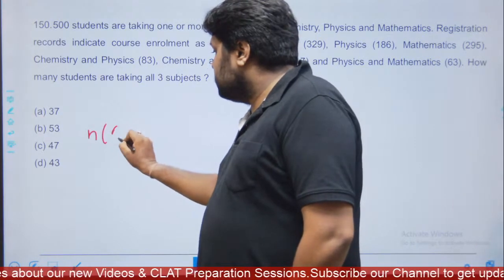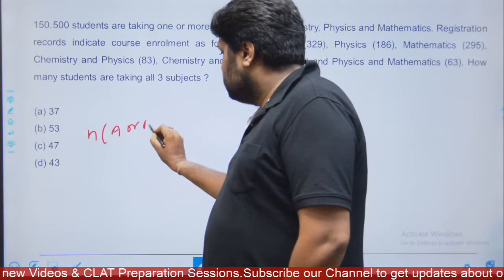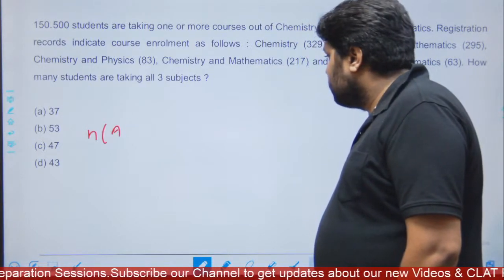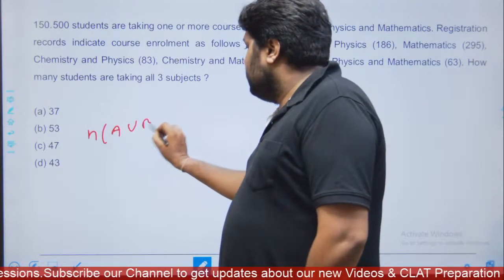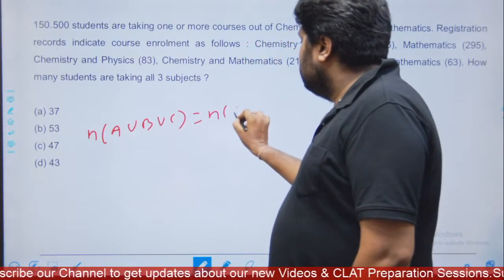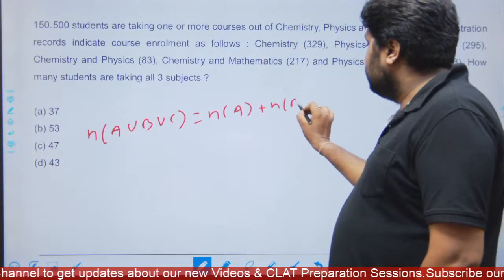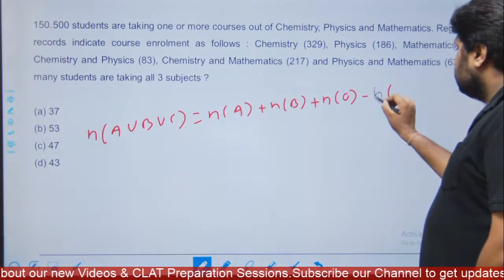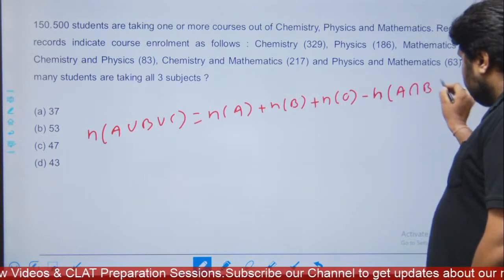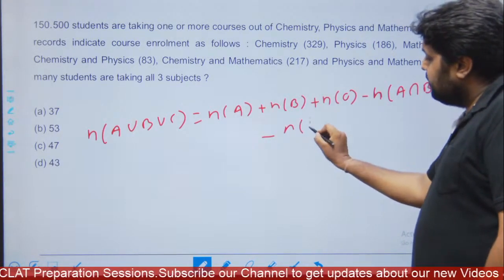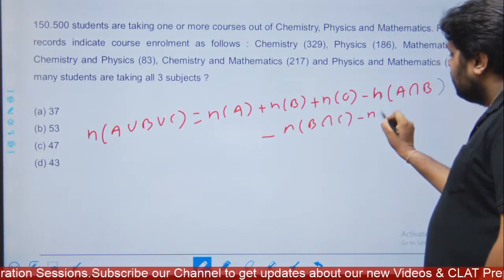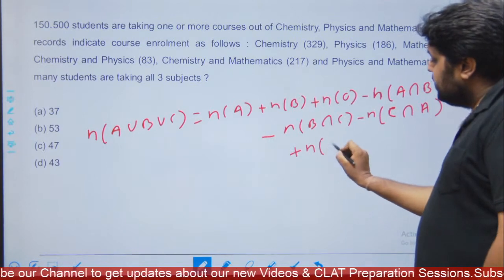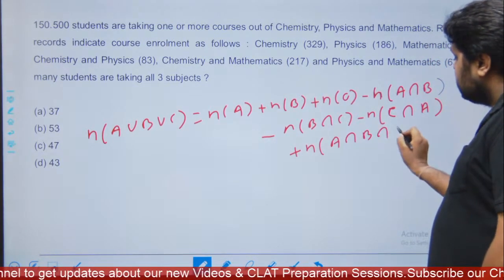The number of elements in A union B union C equals the number of elements in A plus B plus C, minus A intersection B, minus B intersection C, minus C intersection A, plus A intersection B intersection C.